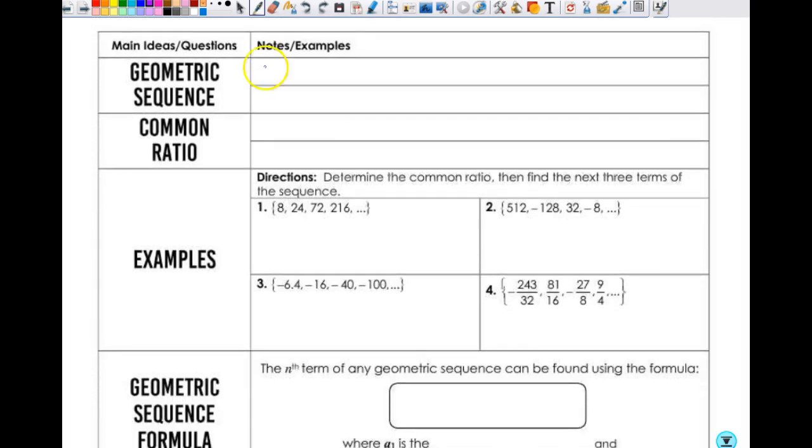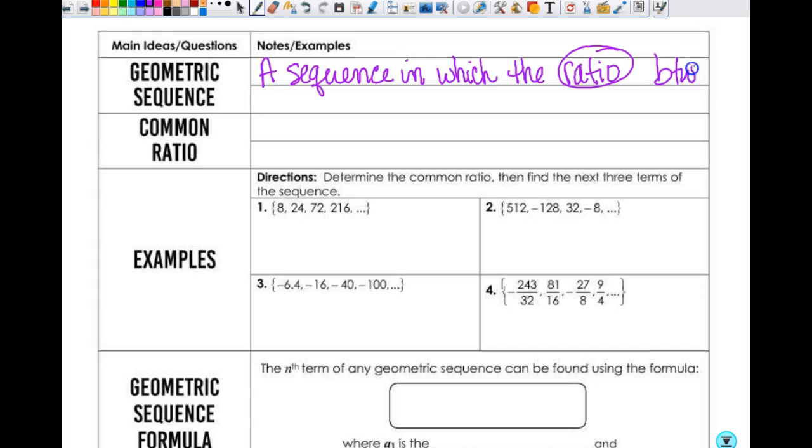So this is a sequence in which the ratio, not the difference, the ratio between any two consecutive terms is constant.